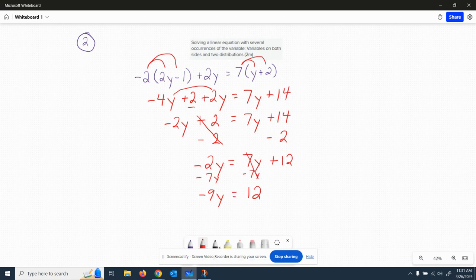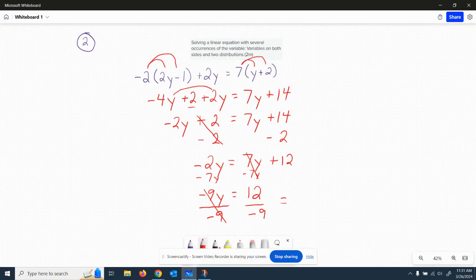All right, -9 times y. To undo multiplication, we use division. I divide by -9. And there's your answer. But again, this can be reduced. 12 and 9, both can be divided by 3.